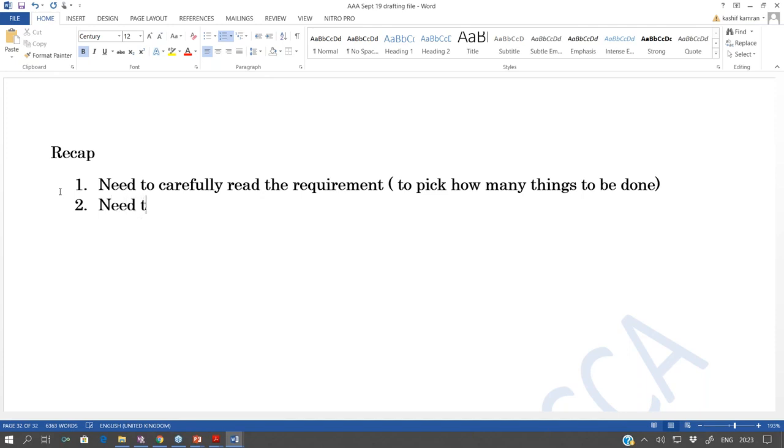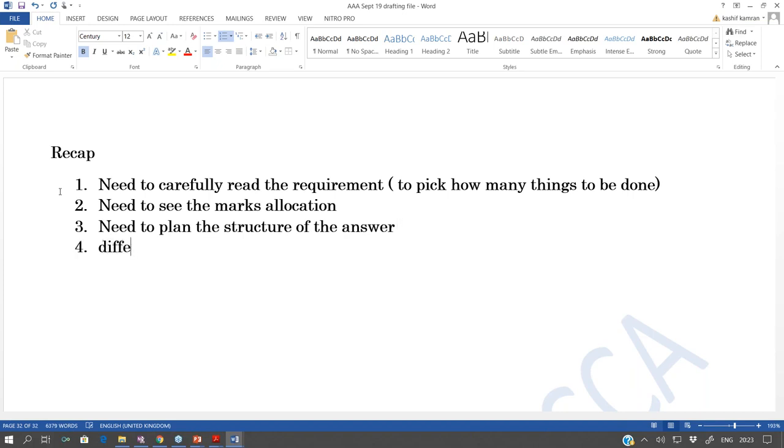Then is there a need to see the marks allocation, to decide how to allocate the marks? Then is there a need to plan the structure of the answer? And is there a need to differentiate between impact on audit report versus impact on financial statement? Are both the same?